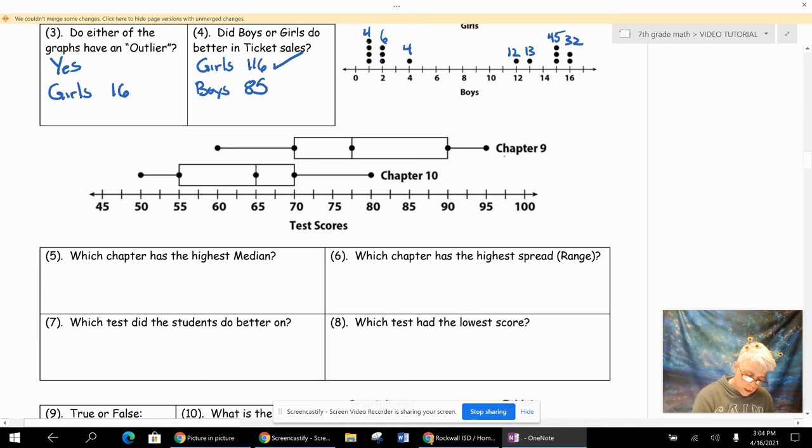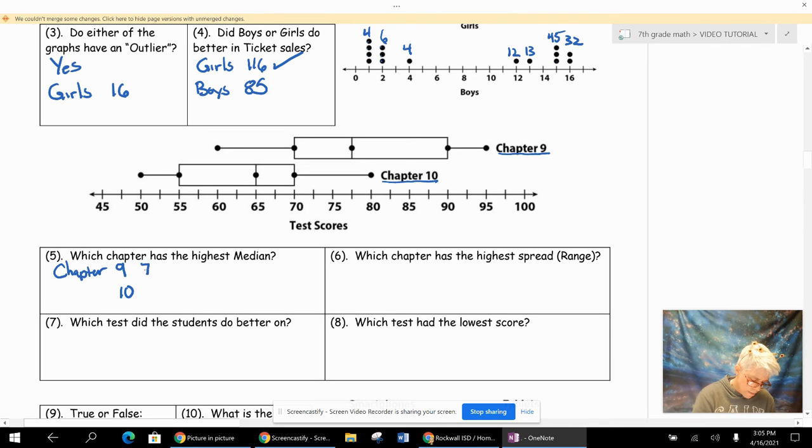So let's see, just a note, this is chapter 9 and chapter 10 is what we're comparing. Chapter 9 has a median of, looks like it's literally in the middle there.